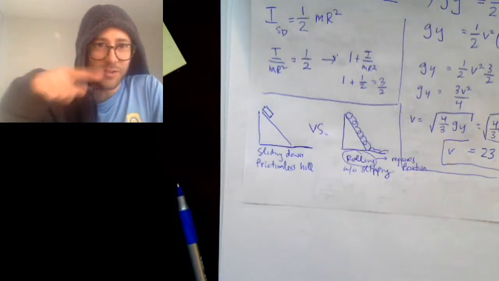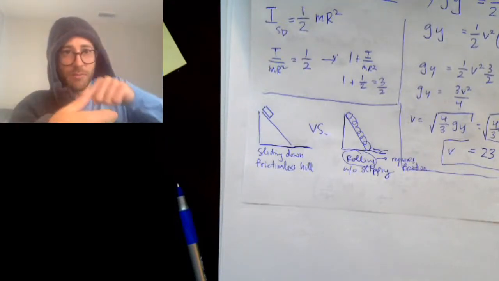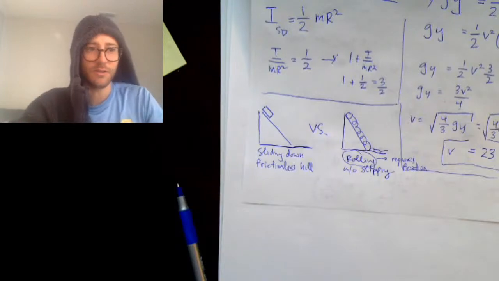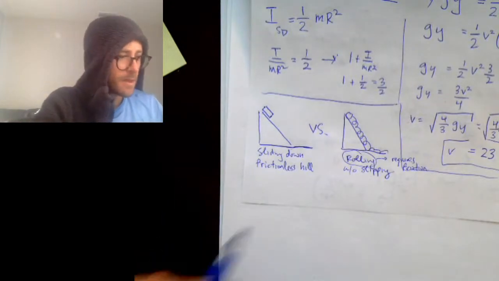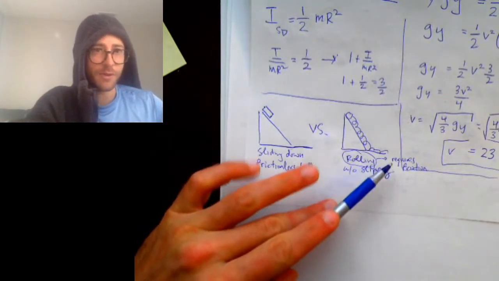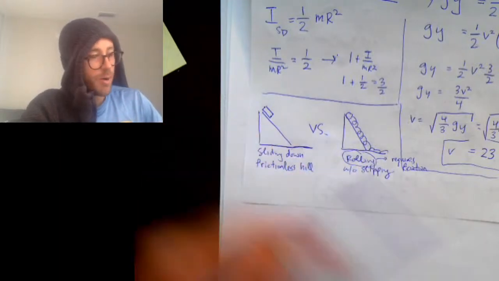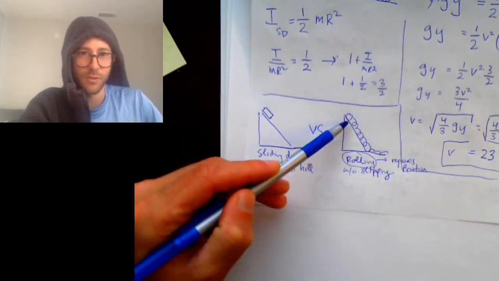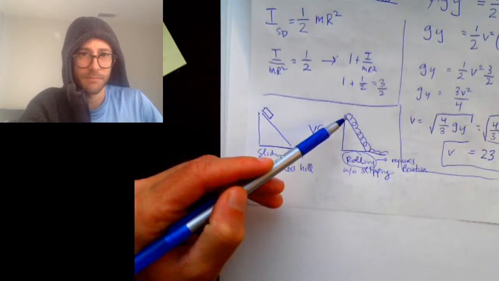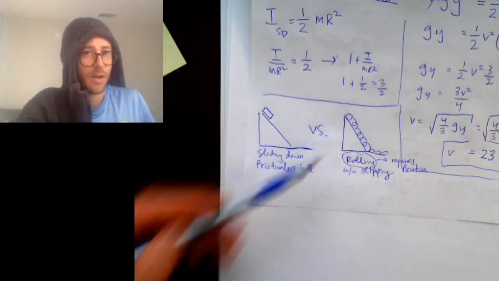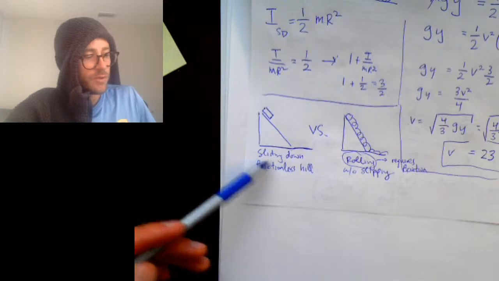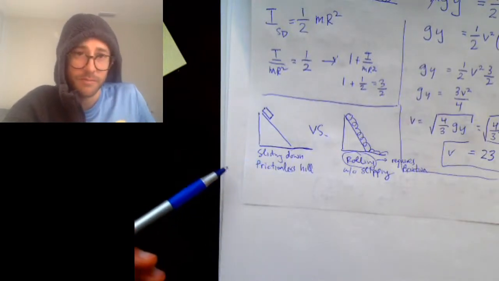What makes it start spinning? Friction is the thing that makes the wheel start to turn. And that friction means that there's an opposing force to the rolling, which makes it go slower. If you're sliding down a frictionless hill, there is no friction.